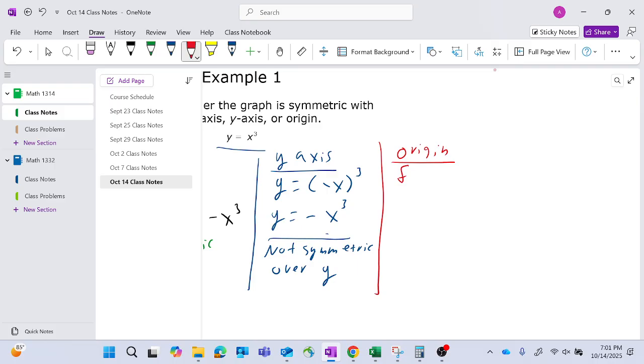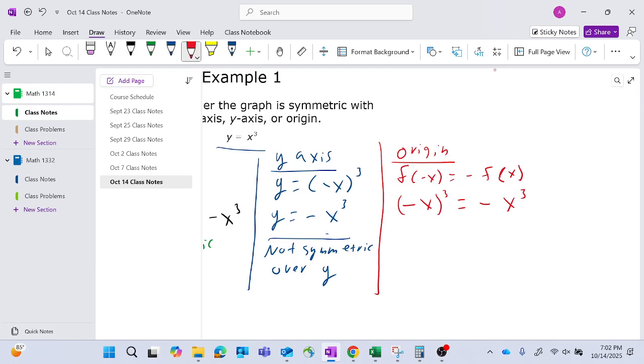We have f of negative x should equal negative f of x. What that means is that for f of negative x, I replace the x with a negative to get negative x cubed. And that should equal the function times a negative, or negative x cubed. Does that make sense? It's confusing, I know.